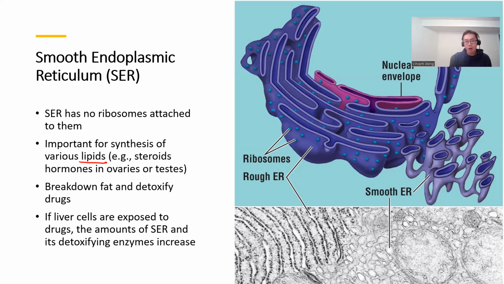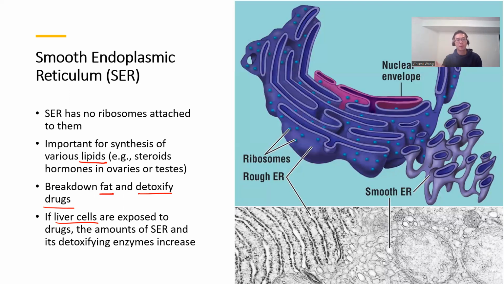The smooth ER also plays a role in breaking down fats. Not only do they make lipids, they will also break them down, and it will help detoxify drugs. The liver is the organ that detoxifies your blood, right?